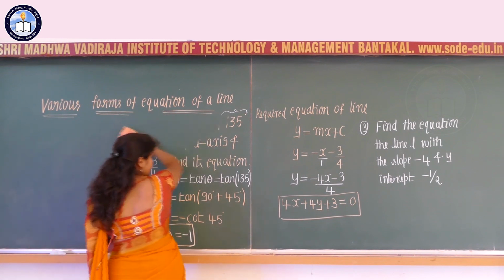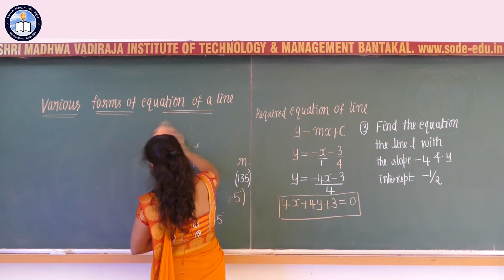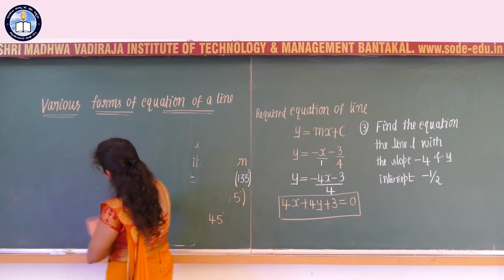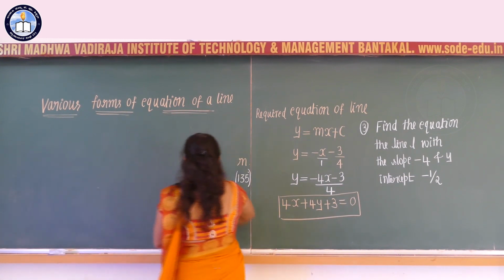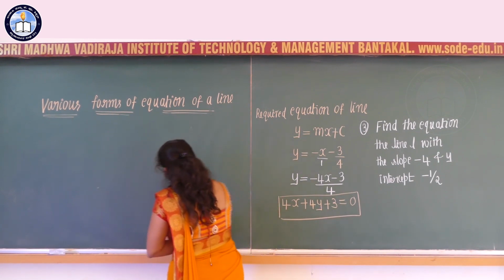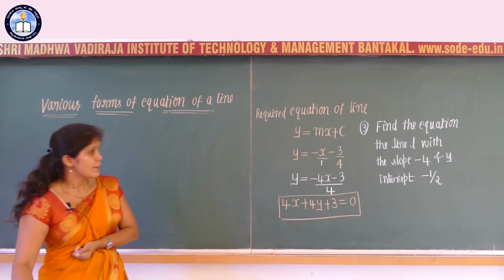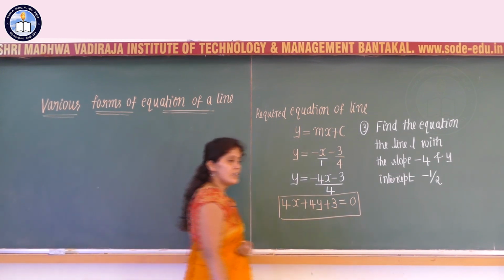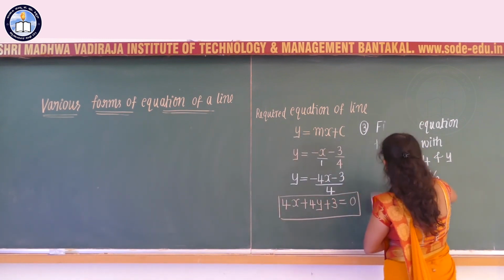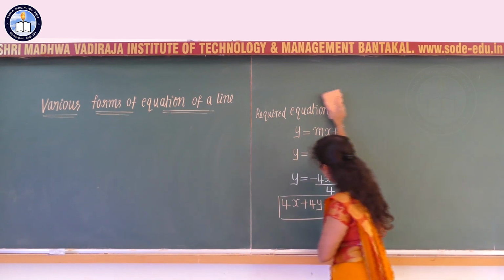First form of the equation of the line is nothing but the slope-intercept formula, and we can consider the slope-intercept formula in order to get the equation of a line if and only if the slope and intercepts are given in the question, or angle of inclination and y-intercept are given, then you can consider that first form.